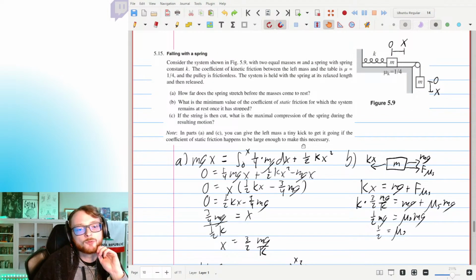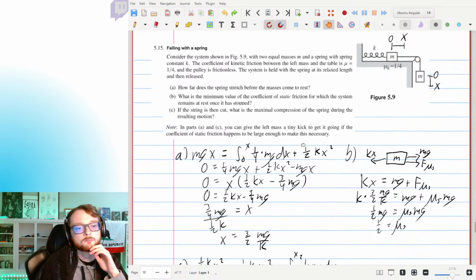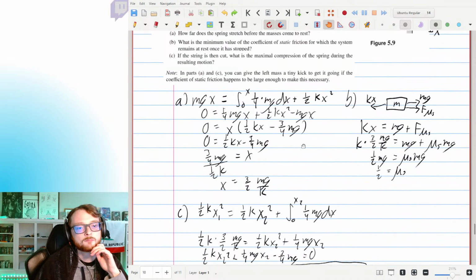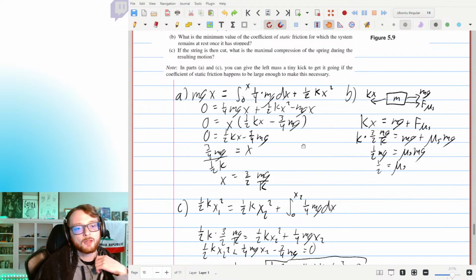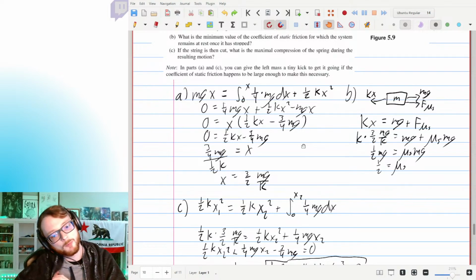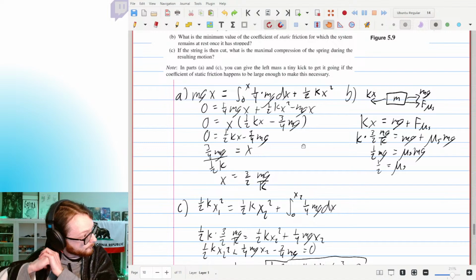At the moment we cut the string, for all intents and purposes, we only have spring potential energy. Do we not? I think so. And then by the time it gets maximally compressed to the left, we're going to have spring potential energy from the new compression.